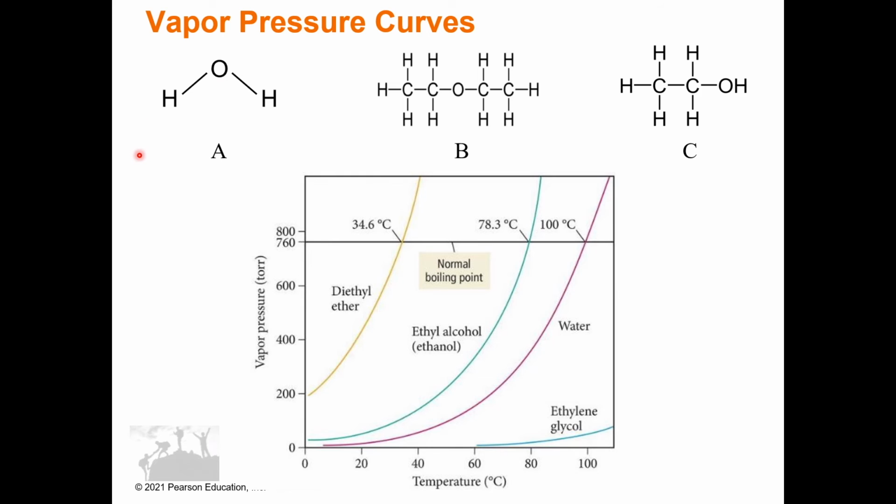So if we have another H2O molecule here on this end and another one on this end, we can form two hydrogen bonds. But over here, if we have another molecule like this, we can only form one hydrogen bond. So even though A and C can exhibit hydrogen bonding, letter C only forms one hydrogen bond onto itself. So this must be ethanol, letter C, and letter A is water.